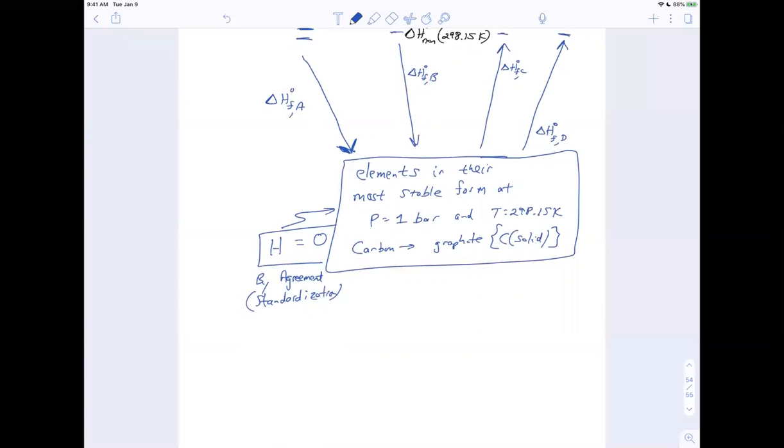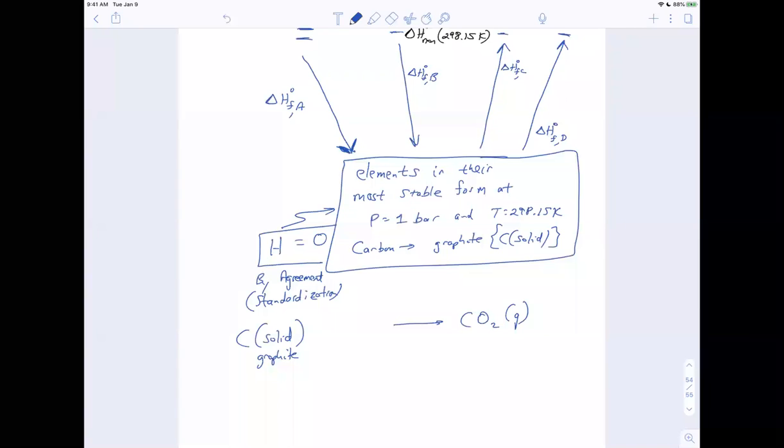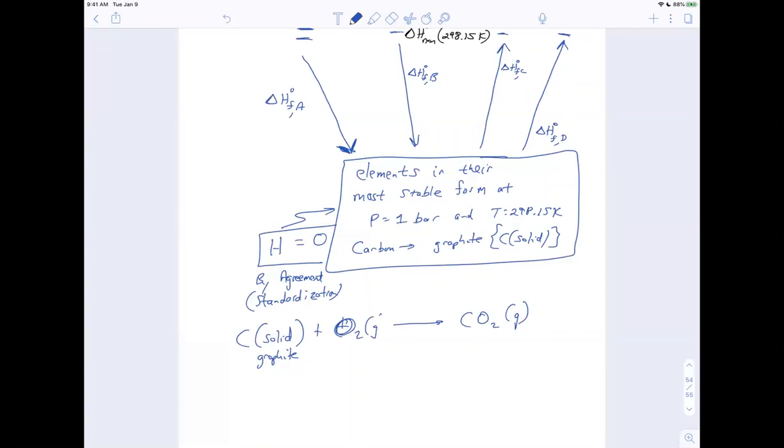So if we wanted to make CO2, the gas form, we would have to start with carbon, which is in the form of graphite. Okay. Plus, we would have to have O2 in the gas phase. Okay. So this would correspond to an enthalpy of formation of CO2.